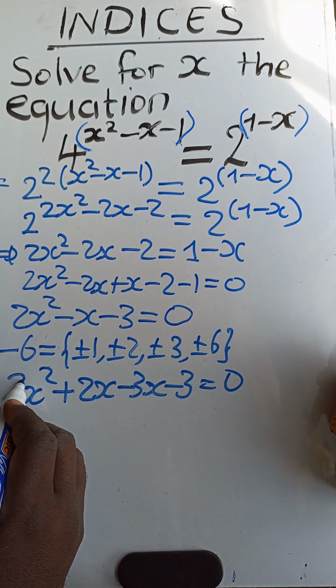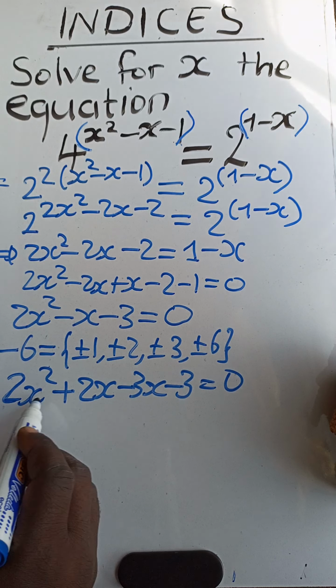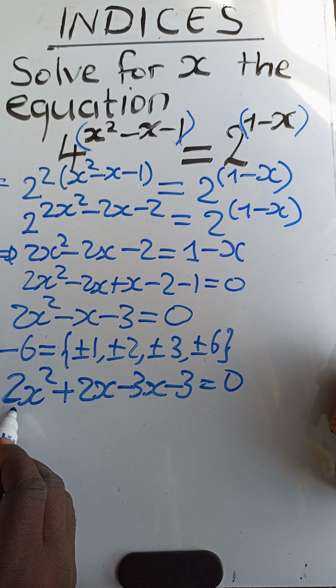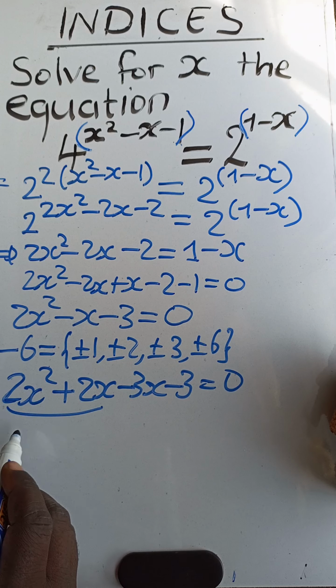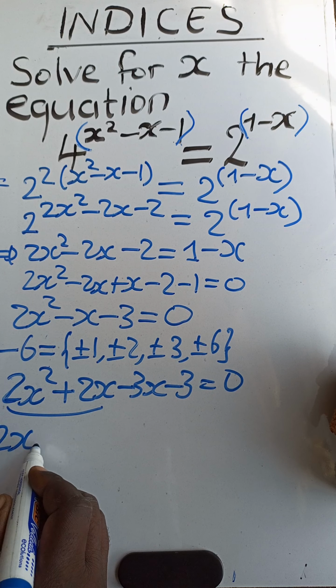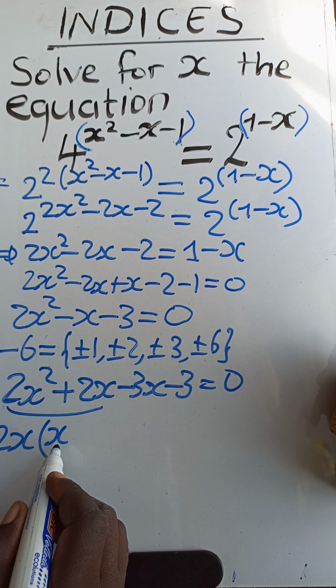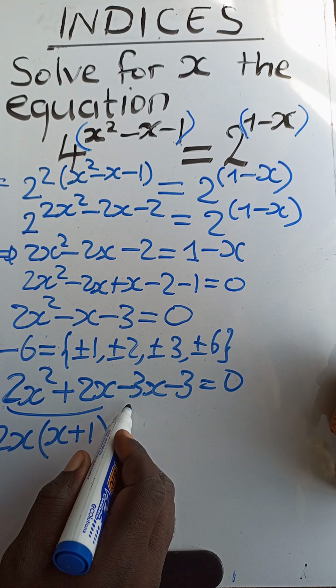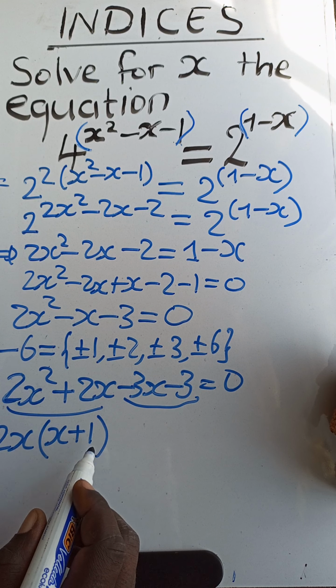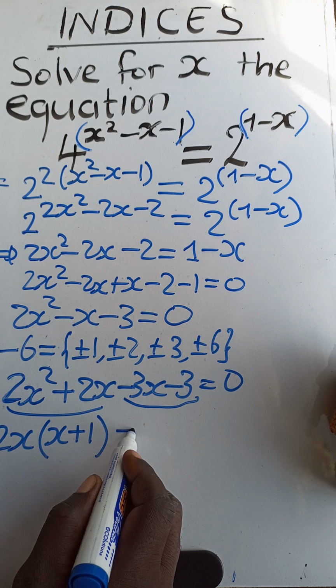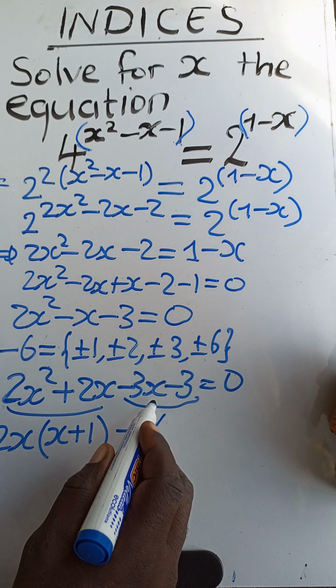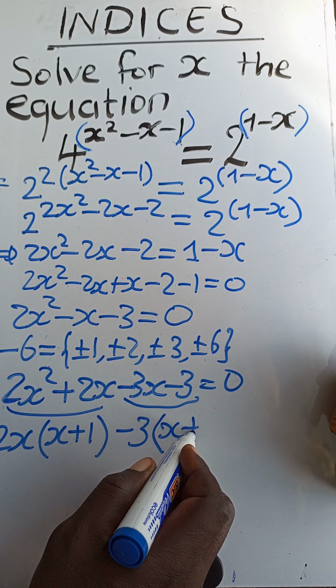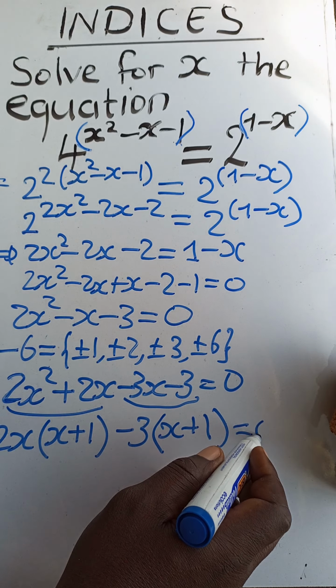Now it's going to ease our work because here we can factorize easily. If you look at this expression here, 2x is common. So we'll put 2x outside, factorize this into x plus 1. Then if we look at this other one, we see that negative 3 is common. So we'll say negative 3 outside, then we'll have x plus 1 equal to 0.